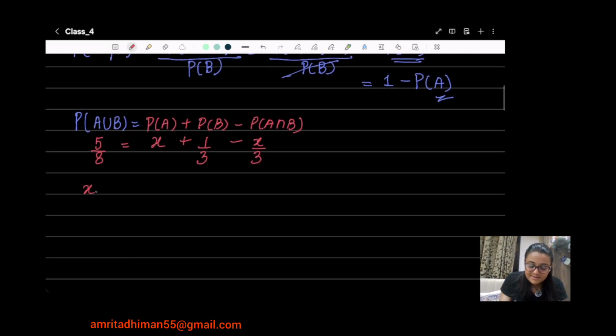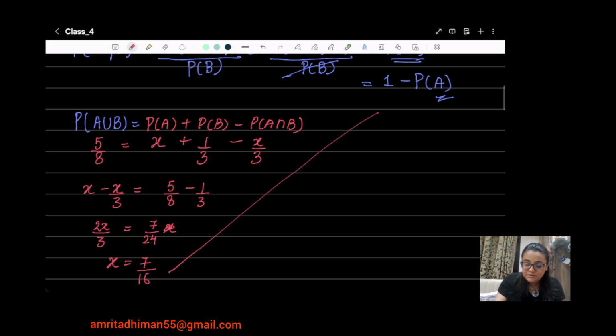So we have X minus X by 3 is equal to 5 by 8 minus 1 by 3, which gives 2X by 3 is equal to, when we solve this, 7 by 24. So when we solve this, we will get X as 7 by 16.